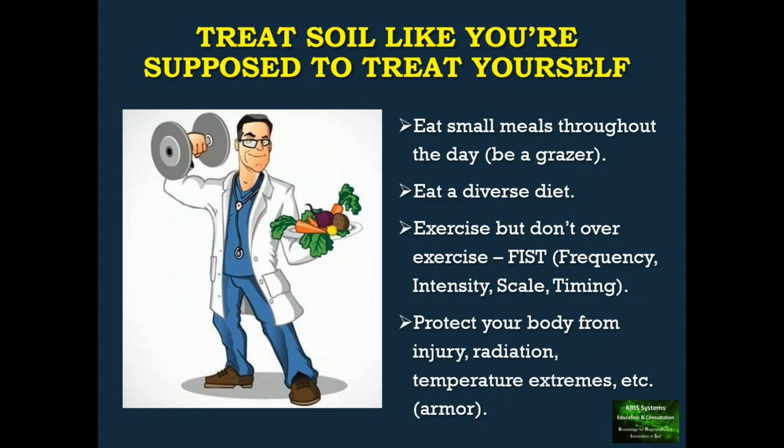And then, if we're going to be healthy, we need to protect our body from injury, radiation, temperature extremes, etc. We need to protect the soil from solar radiation. We need to protect the soil from temperature fluctuations, and we need to protect the soil from water fluctuations.